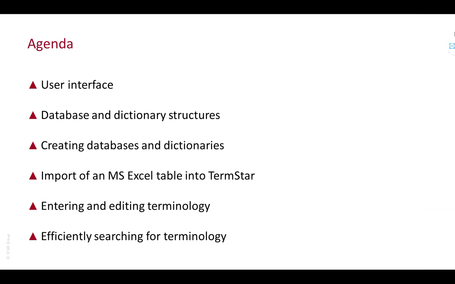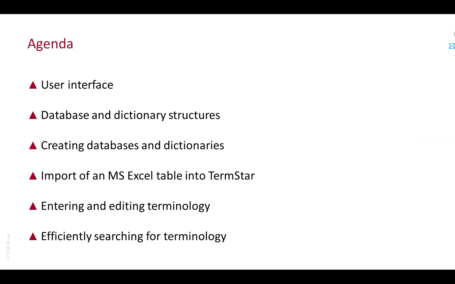Now, a few words as to the interaction of Transit Next and TermStar Next. When you have bought a Transit license, you already have got TermStar with it. After installation of Transit, you have both programs. TermStar is integrated in Transit. In addition to that, TermStar has been separately installed as a program on its own.